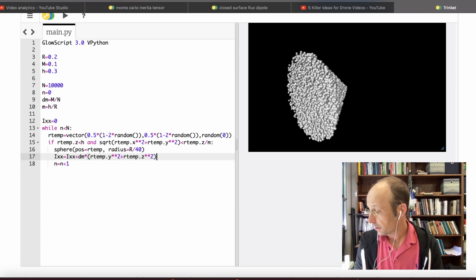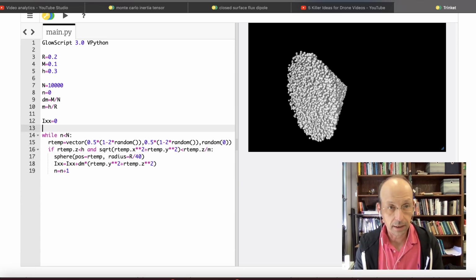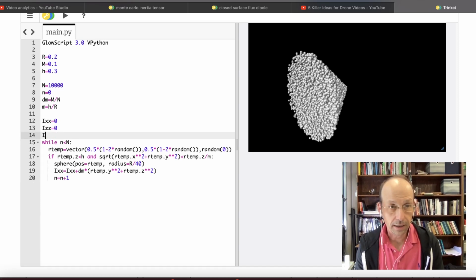Let's go ahead and calculate, what was the one that was off? Let's see, the z component. Let's do z and let's do xy. So IZZ equals 0, and then IXY equals 0. Let's calculate all this. Okay, so IZZ is just going to be the same thing.